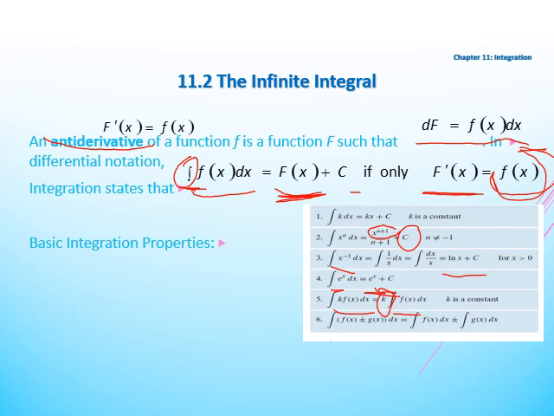And also when we add two functions f of x and g of x, we can use the distributive property for integration, which is the integral of f of x dx plus or minus the integral of g of x dx, adding or subtracting the integrals.